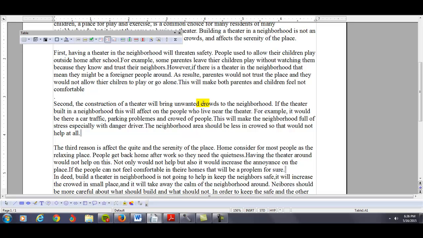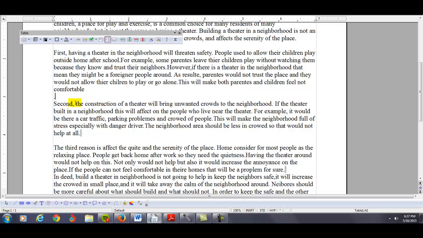Your first topic sentence was good, where you said having a theater will threaten safety, right? So then we say, second, the construction of a theater will bring unwanted crowds to the neighborhood. So then, instead of just saying second, is unwanted crowds to the neighborhood, you don't want to forget this. This is how you tie your topic sentence back to your thesis and ultimately back to the writing prompt.